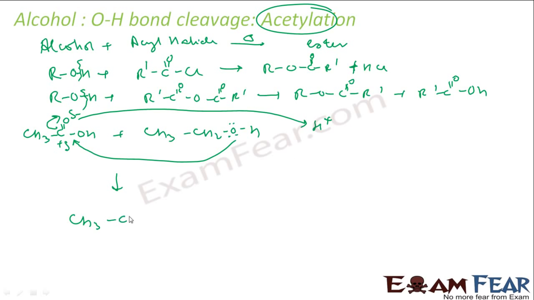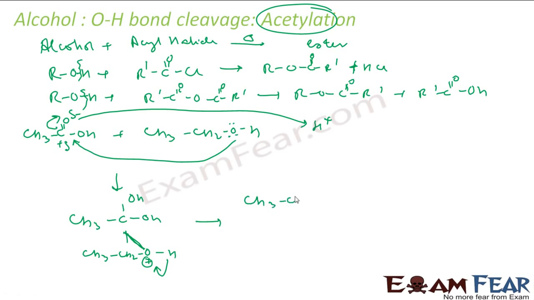You get CH3C, this becomes OH. There's also OH here, and here you can have CH3CH2O. This is the bond here actually, OH. And since oxygen is giving, it gets a positive charge. So positive charge on oxygen, not that good. So hydrogen will break its bond and it will go off. So you get CH3C OH OH O C2H5. Correct? H plus went off.